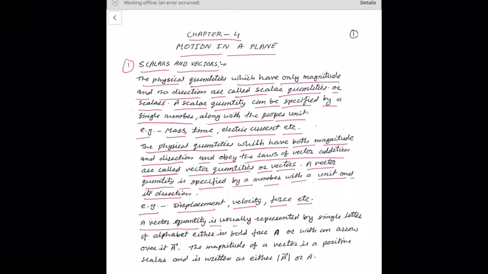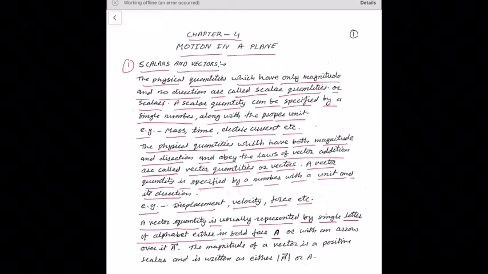A vector quantity is usually represented by a single letter of the alphabet, either in boldface or with an arrow over it.